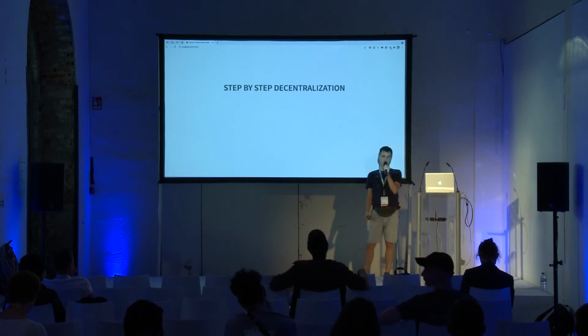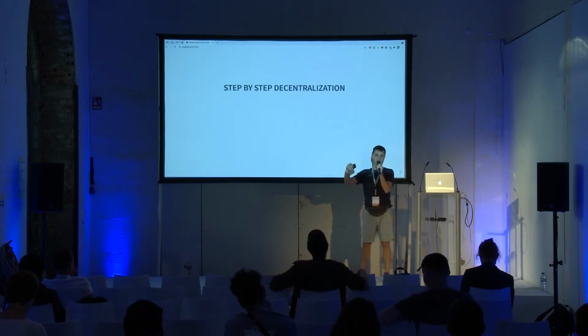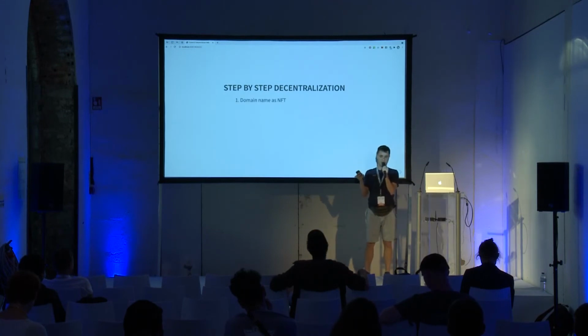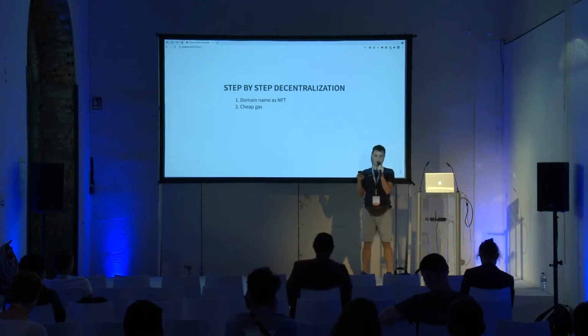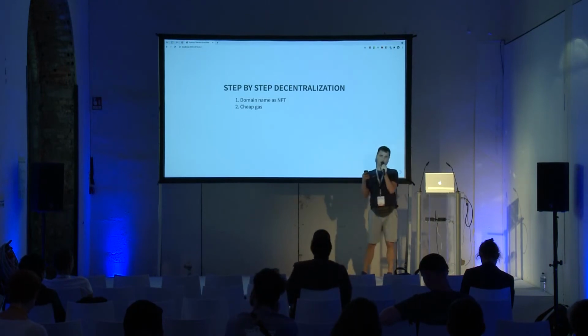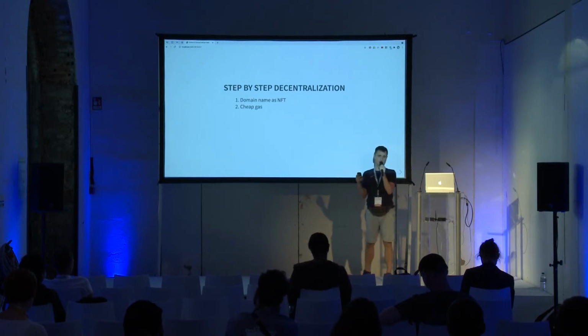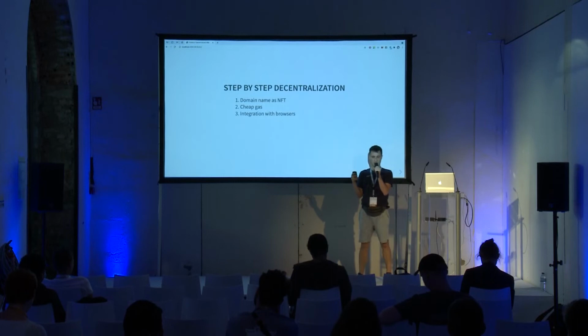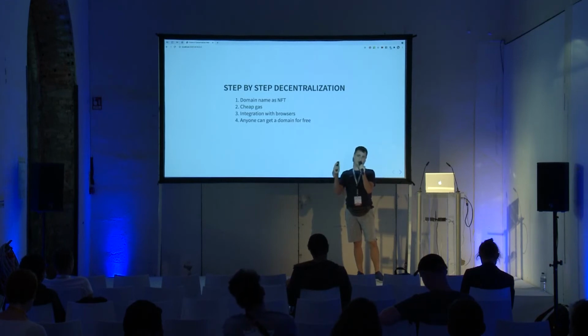Step-by-step decentralization, right? So we want to make sure that we go there gradually. First, domain names as an NFT, then cheap gas, right? Obviously, if it's too expensive, you will not be able to do anything with your domain name. Then integrate with browsers. Then anyone can get a domain for free. This is our key point, right?